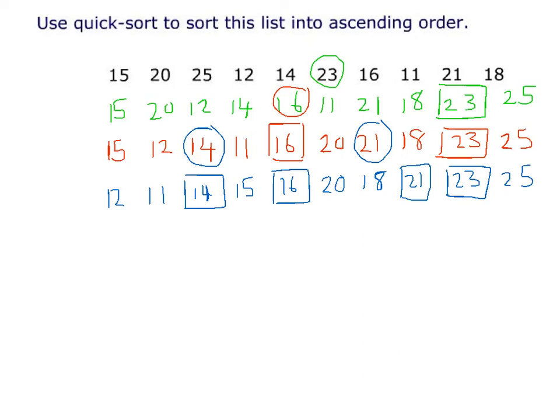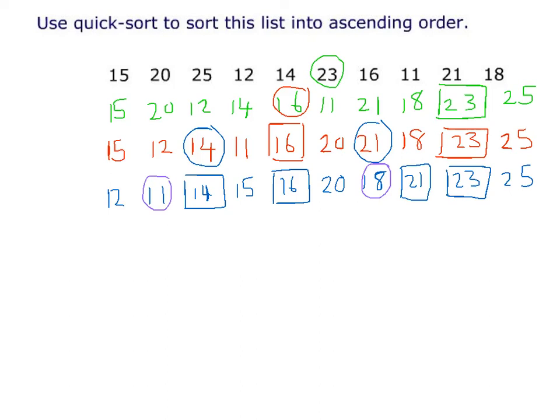Now we still have sublists that contain more than one item, so we need to pick new pivots again. And in those sublists, 11 and 18 will be our new pivots, because we only have 2 items in each sublist, and so we pick the item to the right of the middle, which is 11 and 18 respectively.